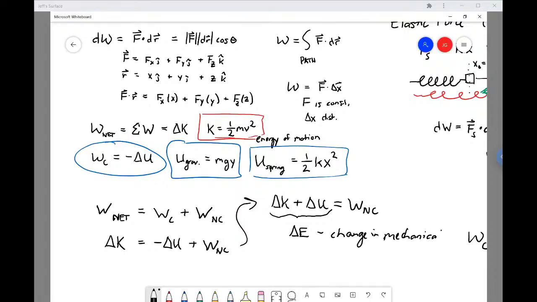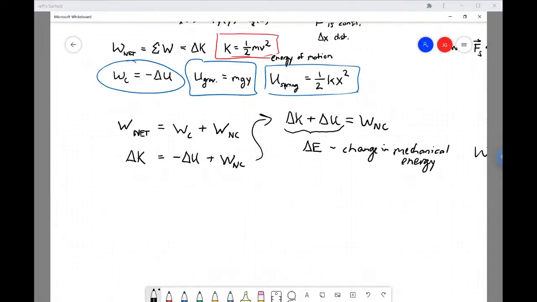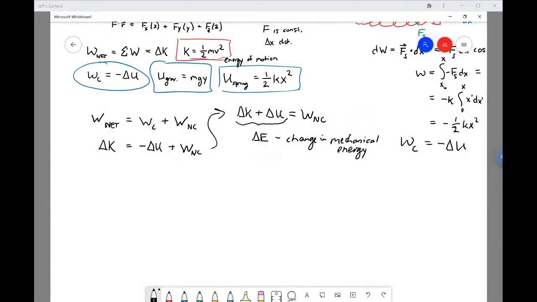Let me define this a little more carefully. Mechanical energy, E, is equal to the sum of kinetic energy and potential energy.